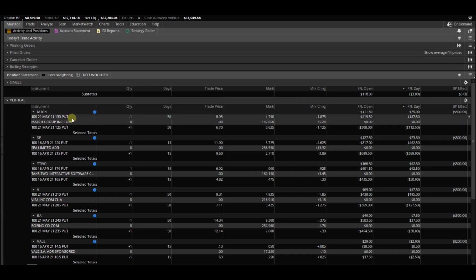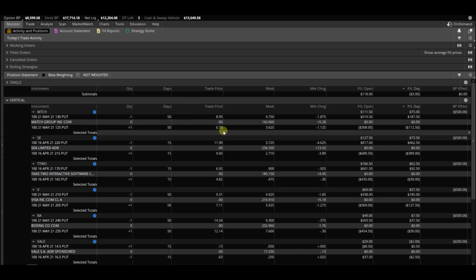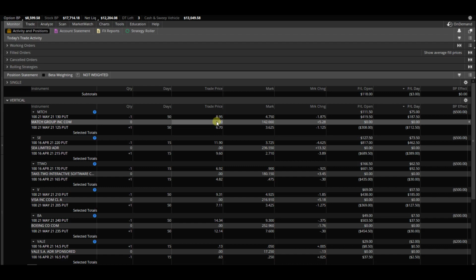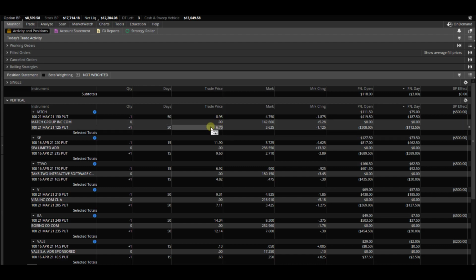But, and let me go back, I did pay $6.70 for this 125 put. So I had to pay the reinsurer essentially $670. So I took in $895. I spent $670 of that for this reinsurance. So the difference was $225, right?